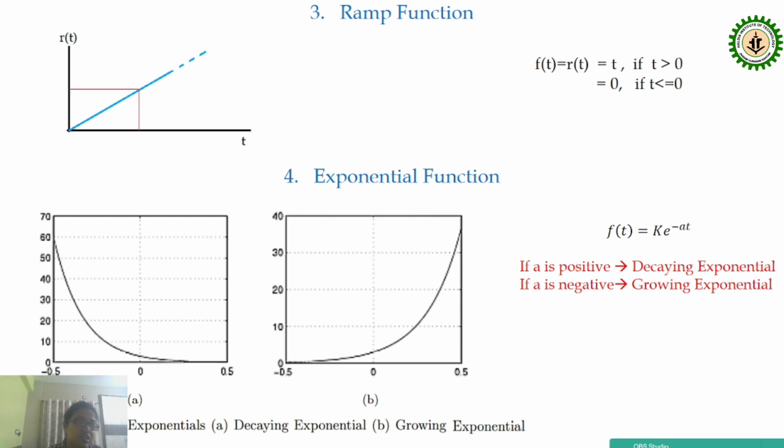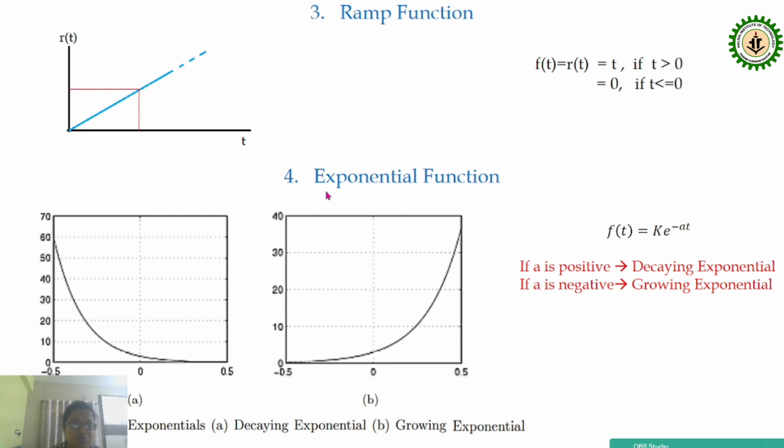The signal is a diverging signal. It is not a converging signal. It will reach infinity. So it's a diverging signal. Compare this with the step signal, whose amplitude is constant even when t reaches infinity.